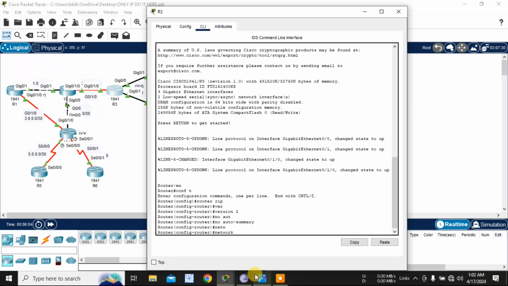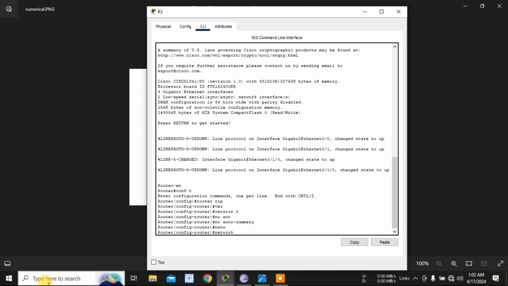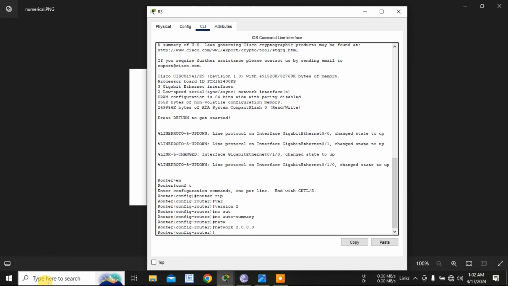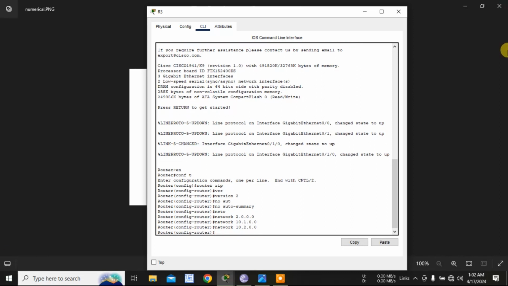Router number 3 is connected to 2, 10.1 and 10.2. Networks 2, 10.1, 10.2. Done, it's done for router number 3.